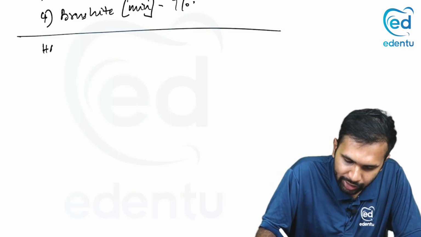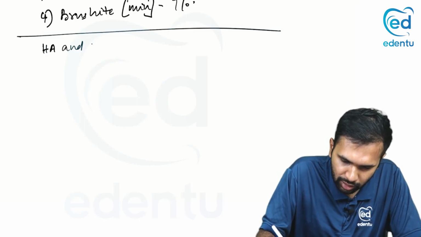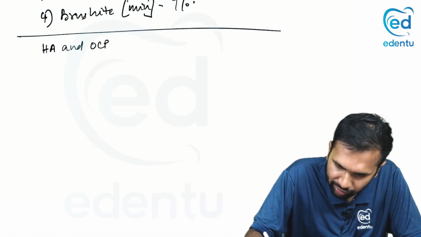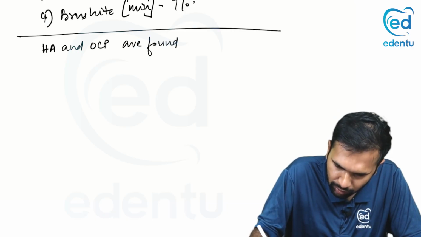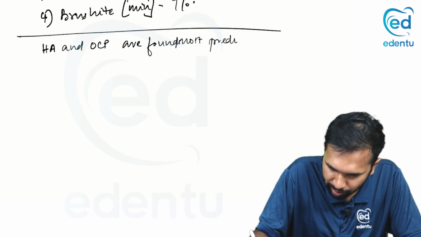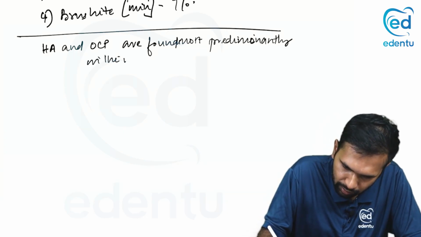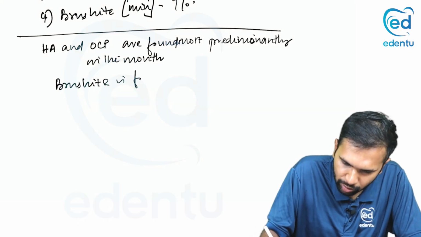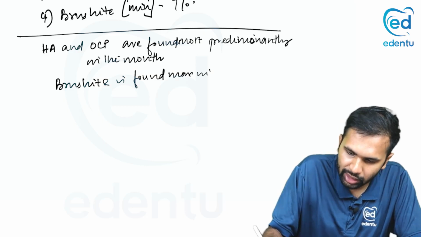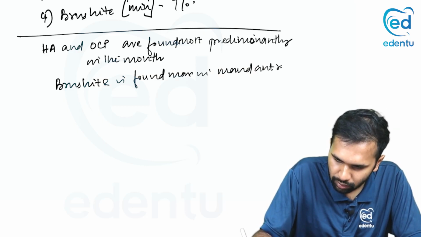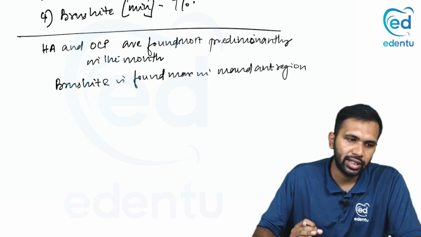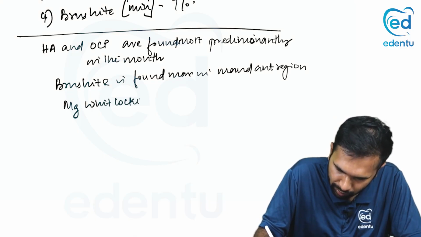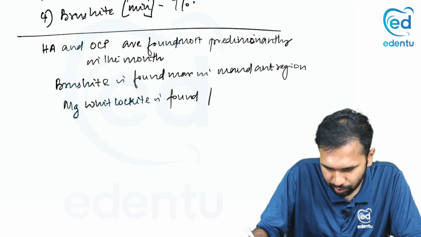Now, hydroxyapatite and octacalcium phosphate are found most frequently, most predominantly in the mouth. Whereas your brushite is found maximum in the mandibular anterior region, and your magnesium whitlockite is found posteriorly.